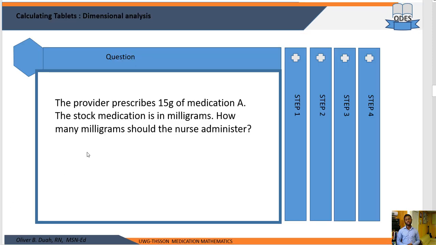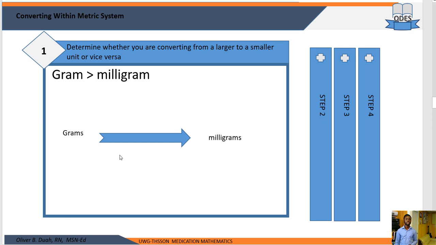The provider prescribes 15 grams of medication A. The stock medication is in milligrams. How many milligrams should the nurse administer? Okay. So the first step is to determine whether we are converting from a larger to a smaller unit, or whether we are converting from a smaller to a larger unit.